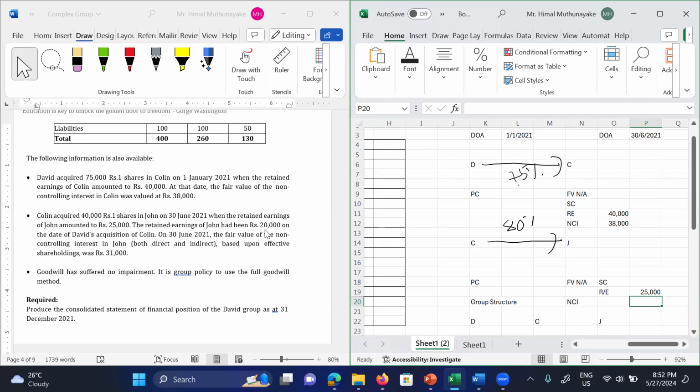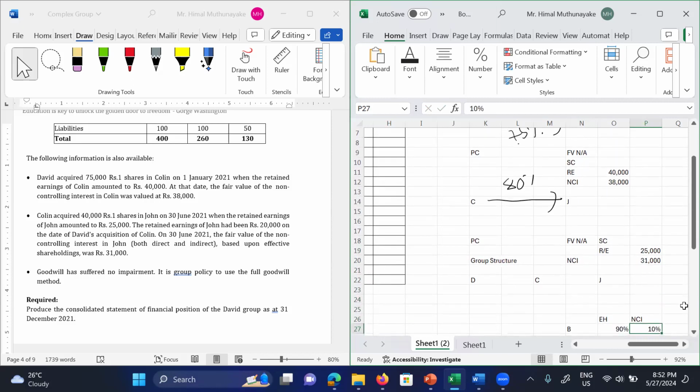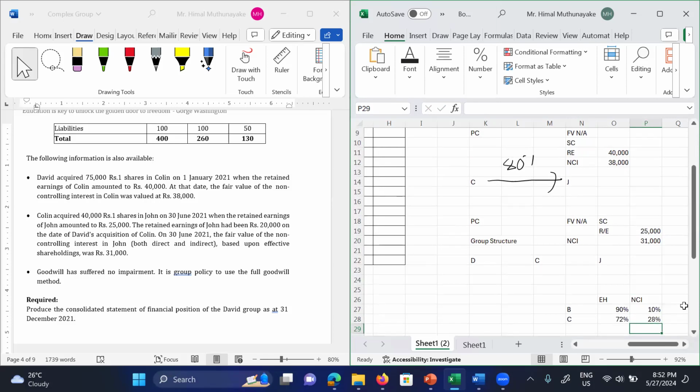On 30th June 2021, the fair value of the non-controlling interest of John, both direct and indirect, based upon the effective shareholding, is 31,000. Goodwill has suffered no impairment. It is group policy to use the full goodwill method. So we have all the information and the group structure.